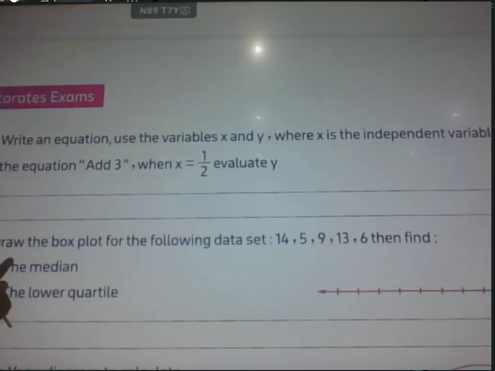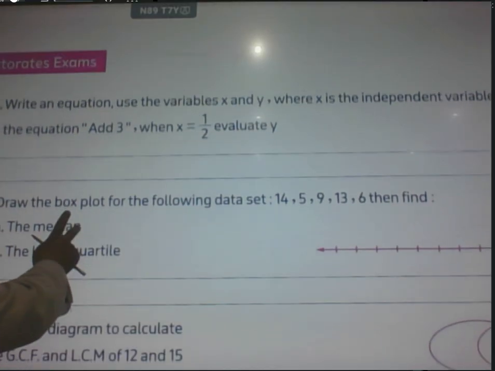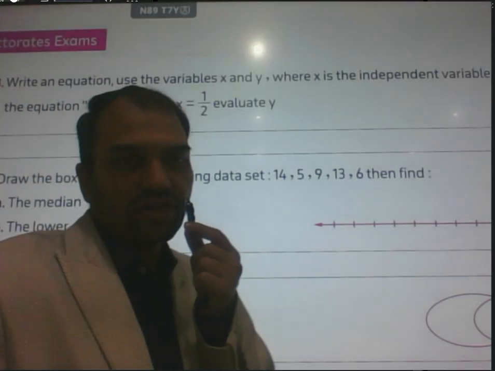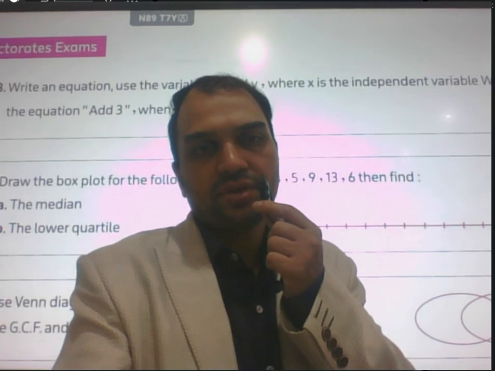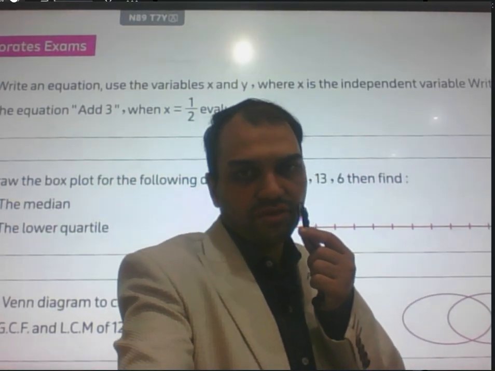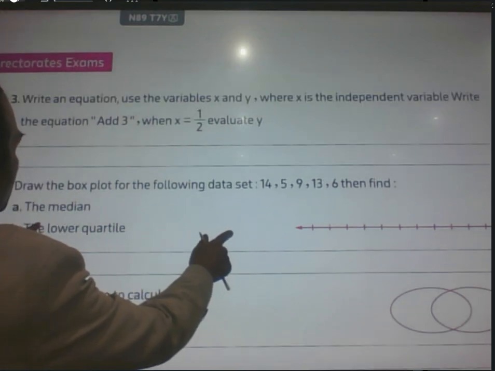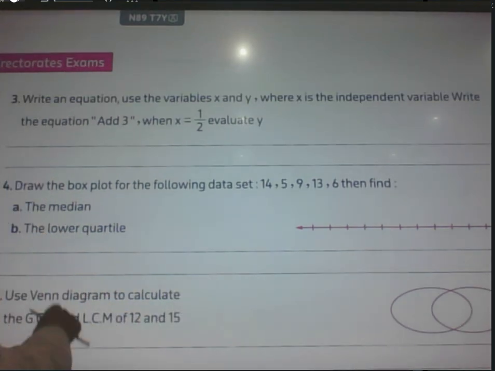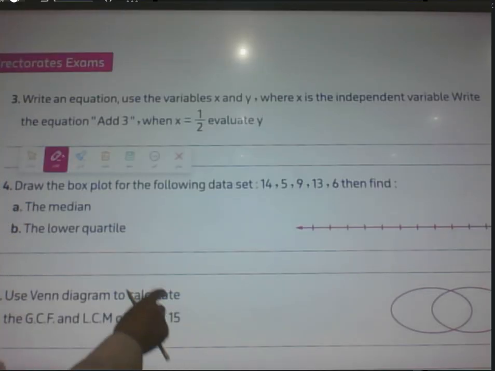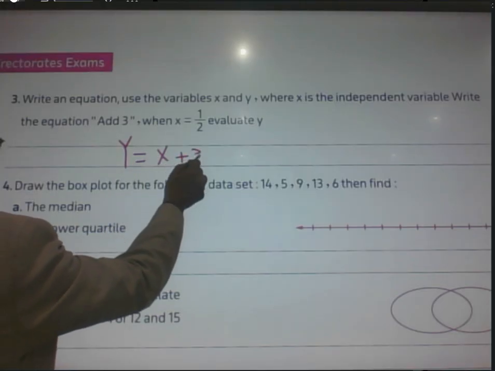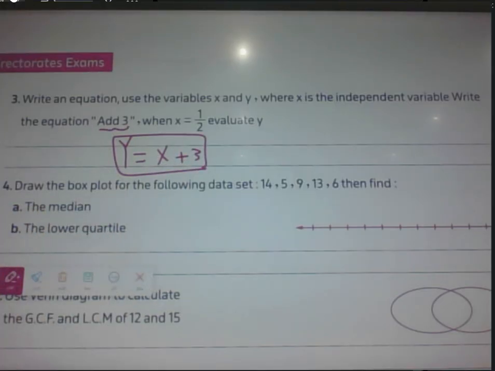Next question. Write an equation, use variables x and y, where x is the independent variable, and find the value when x equals half. Okay, we can write this equation here: y equals x plus 3, because y here is dependent and x is independent.